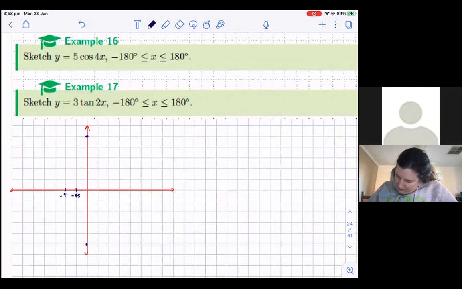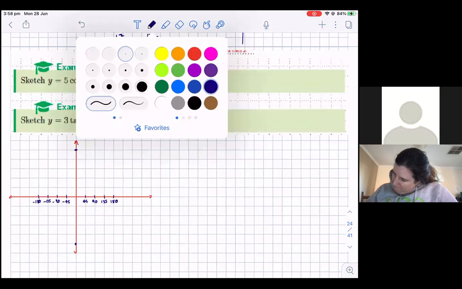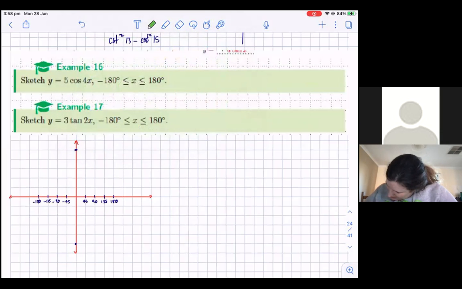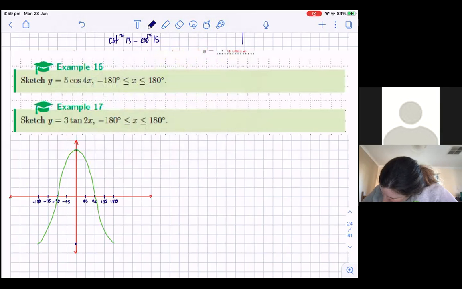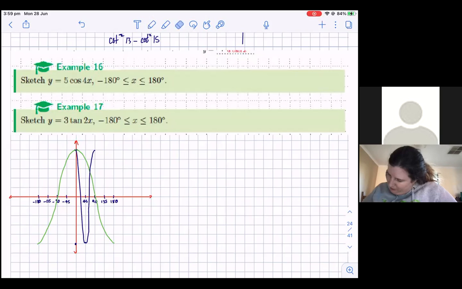-45, -90, -135, -180, 45, 90, 135, 180. Now, normally cos would look like this in this domain, but we're happening 4 times as often. Wait, I've really just confused myself.